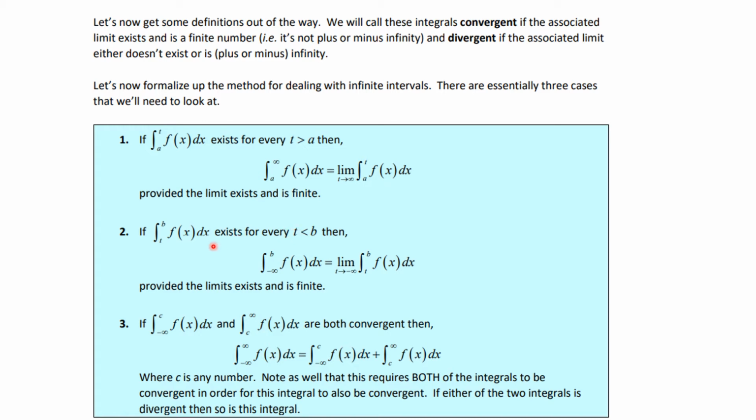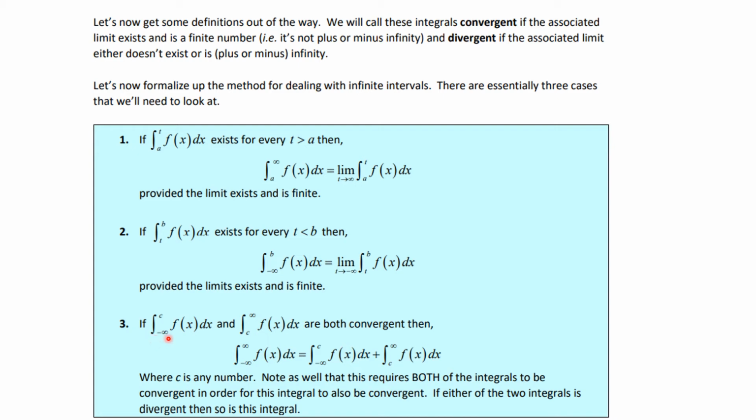If the integral from t to b of f of x dx exists for every t less than b, then the integral from minus infinity up to b of f of x dx is equal to the limit as t tends to minus infinity of the integral from t to b, provided the limit exists and is finite. Now we deal with an even broader case.